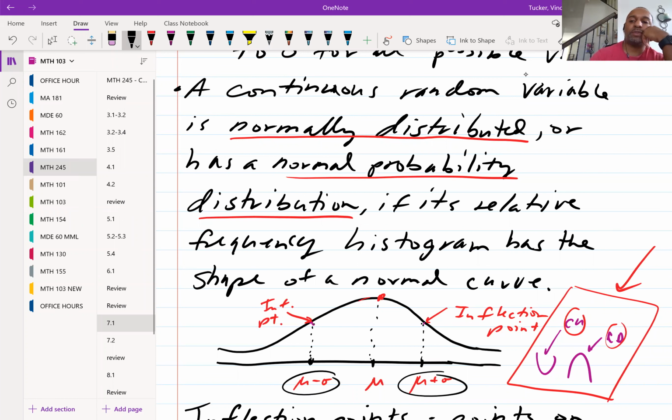Basically where it goes from being a U shape to an upside down U shape. That's where inflection points occur. So they're really not going to focus on the emphasis of inflection points, but they may ask you in MyMathLab, where are the inflection points? And that's when you add a standard deviation and subtract the standard deviation from the mean.